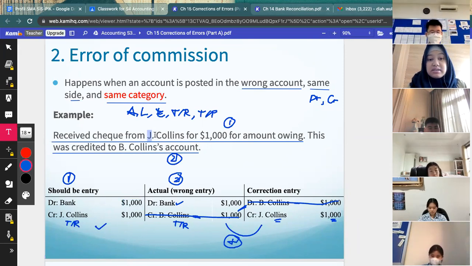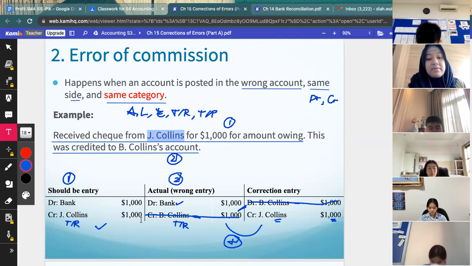J. Collins. J. Collins is paying 1,000 to us. It means J. Collins is TR, trade receivables. That is why J. Collins is in the credit side, because they are paying. When they are paying, the asset decreases. Yeah, they decrease in the credit side. Once again, what we have learned in chapter 3. Yeah. So 1,000 is here.